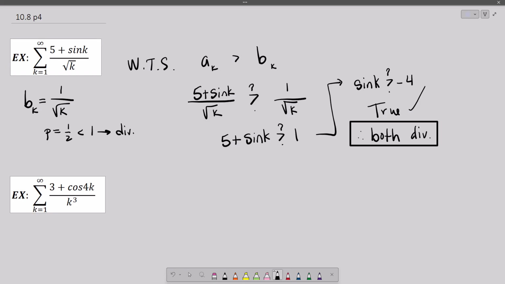If this was a convergent series, though, the point I was going to make was that if we wanted to show this was less than, we wouldn't be able to show it was less than, right? But what we could do, if we multiplied this numerator here by a constant, would that affect divergence or convergence? No. If you multiply by a constant, it wouldn't affect it.